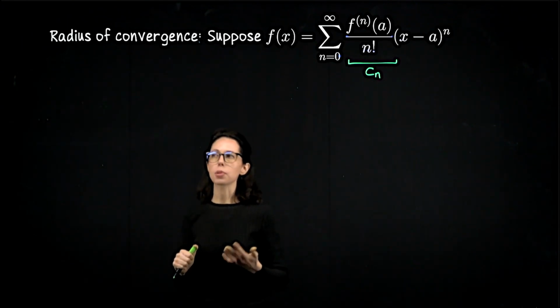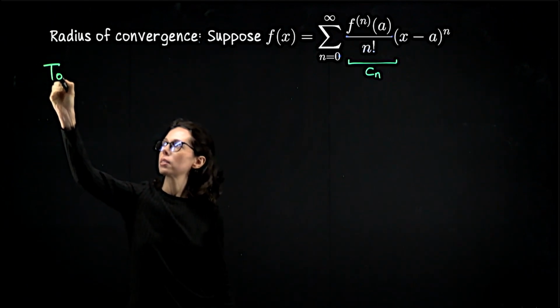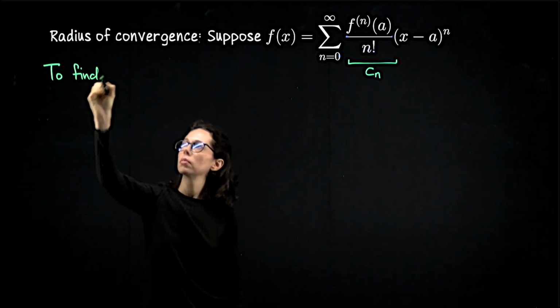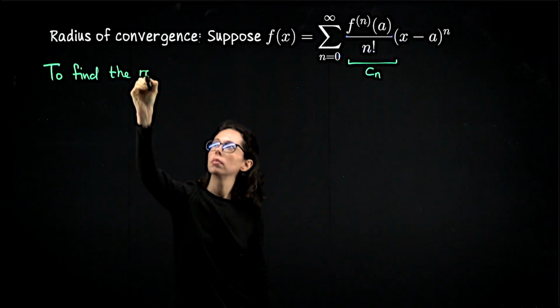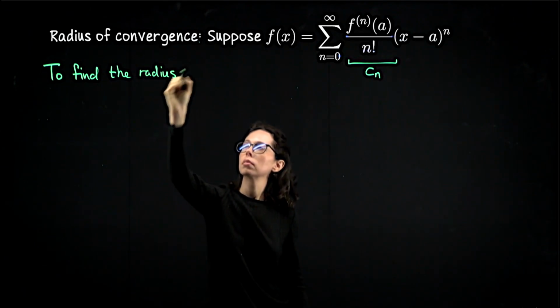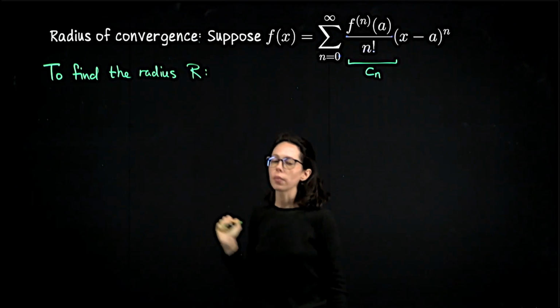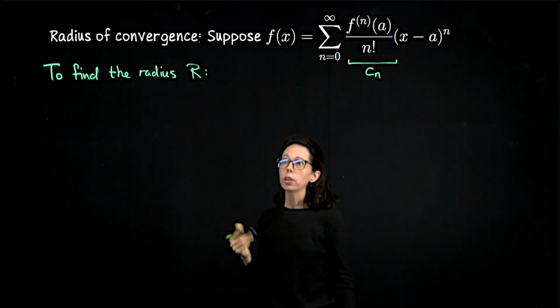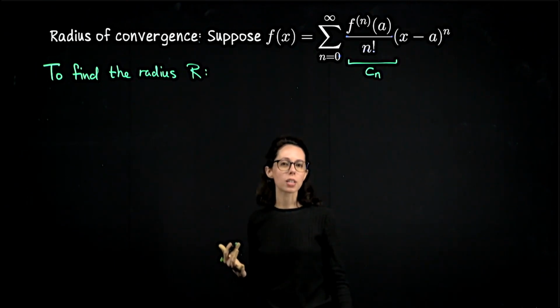So let me write that as option 1. To find the radius of convergence, you can try the regular ratio test as we've always done it.